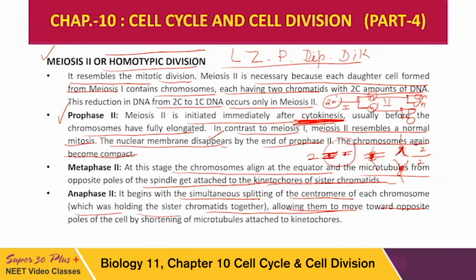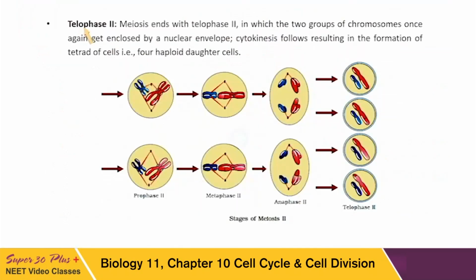Is it right? Now you see, telophase second. Let that be the parental cell having 2n number of chromosomes. This was meiosis first, in which two daughter cells have been formed. Let us say there were 1 and 2 chromosomes, so it had 4 chromosomes. Now each daughter cell has 2 chromosomes, 1 chromosome, 2 chromosome, that is half the number of chromosomes.